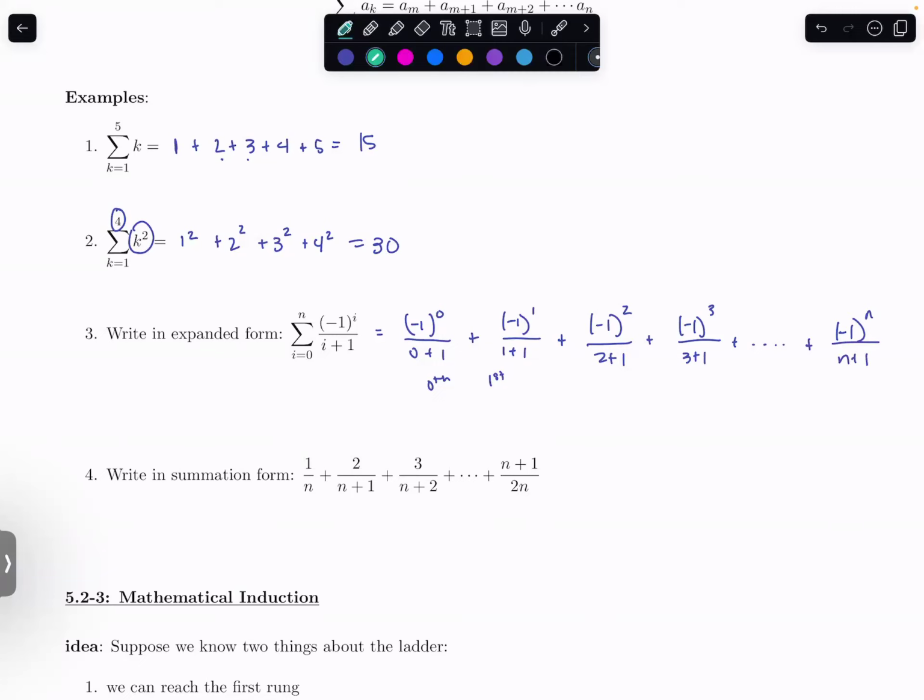And then written a nicer, simplified way, anything to the 0th power is 1. So you're looking at 1 over 1 there. So that's 1. And then this one, we're looking at -1/2. This one is a positive 1/3, and then a -1/4. That would be a positive 1/5, but whatever.